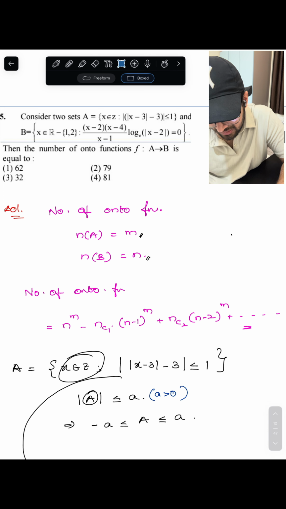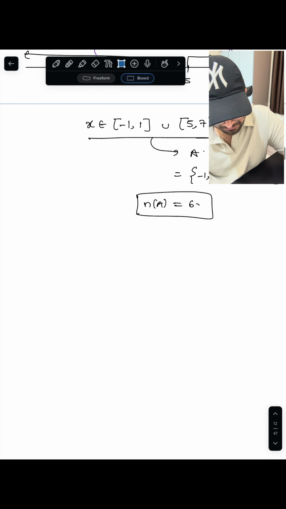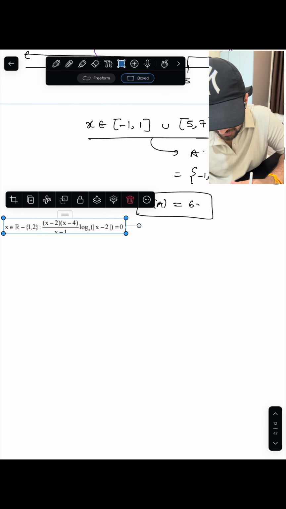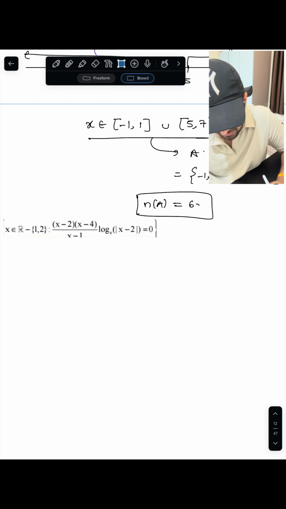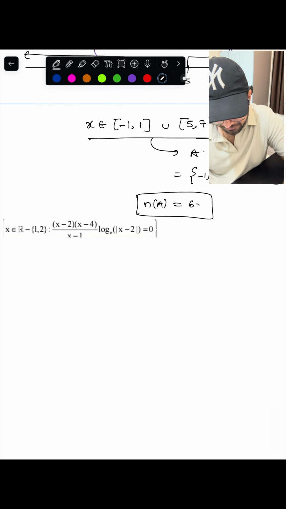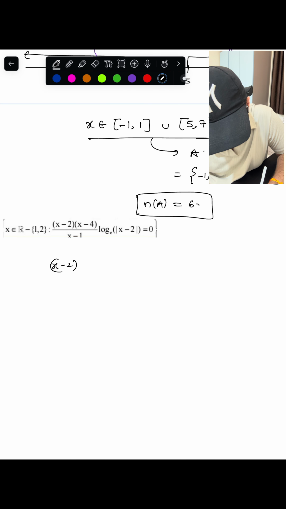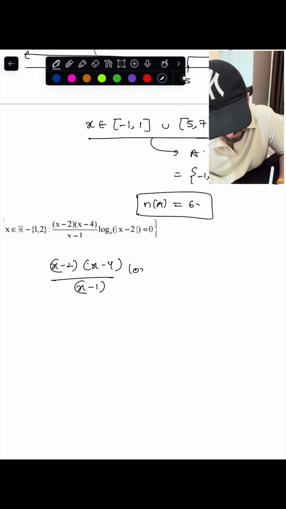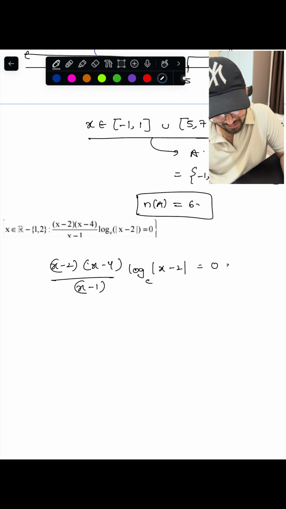So for B it is given this condition. So let me take the condition. So for B, x minus 2, x minus 4 by x minus 1 times log of mod of x minus 2 should be 0, right?